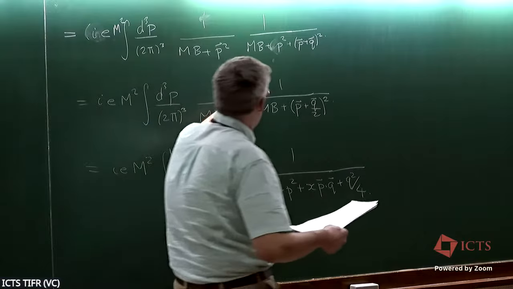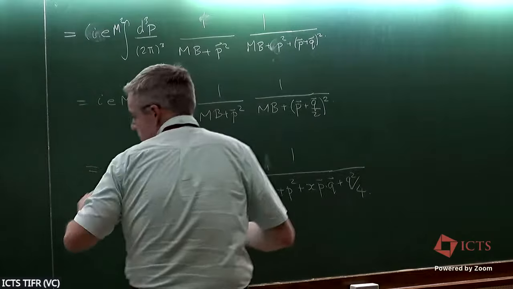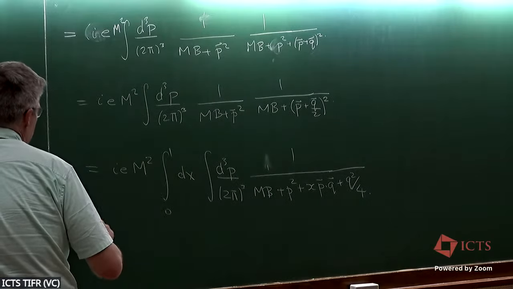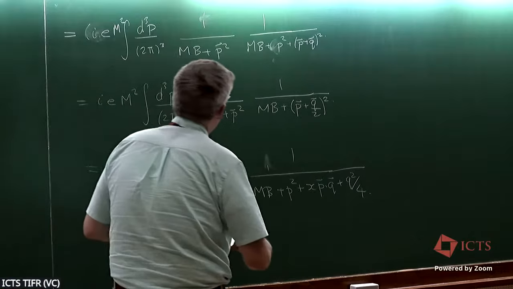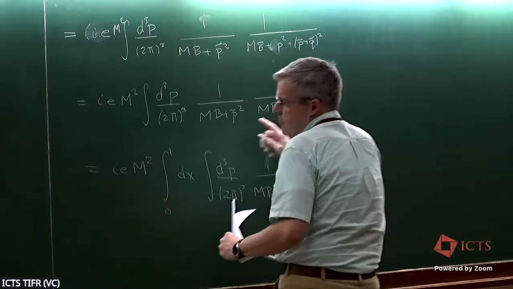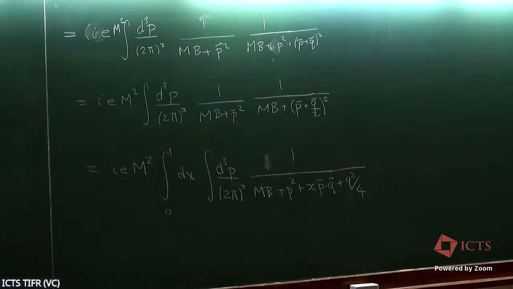So I think you're saying, yeah, okay, good point. I didn't do this carefully enough going from here to here. So what you're saying is that this should be 2 MB. Yeah, so, right, so I should have done this step over here.